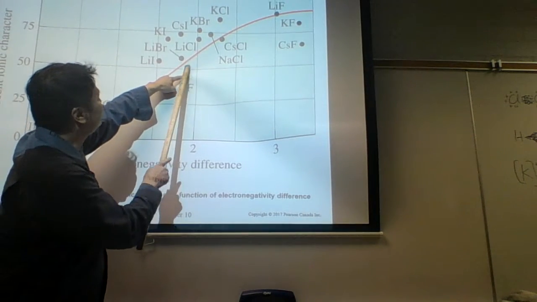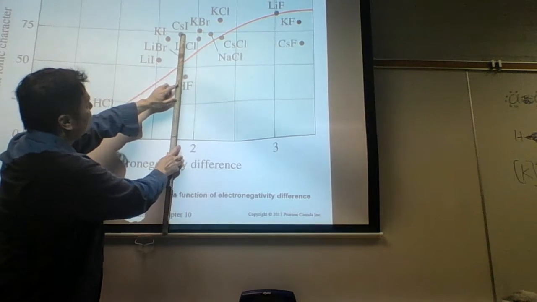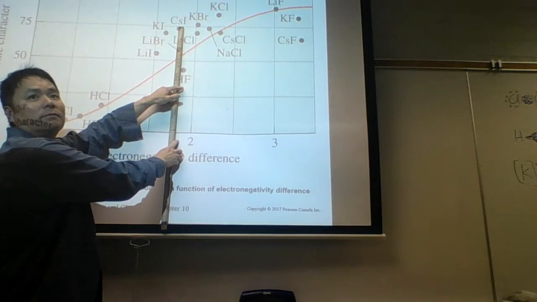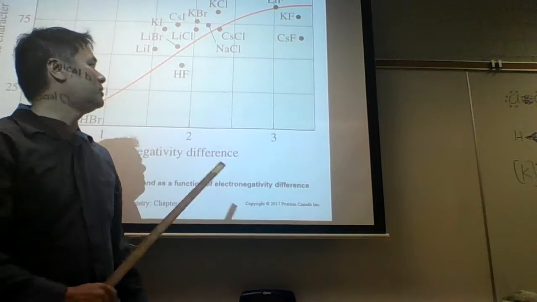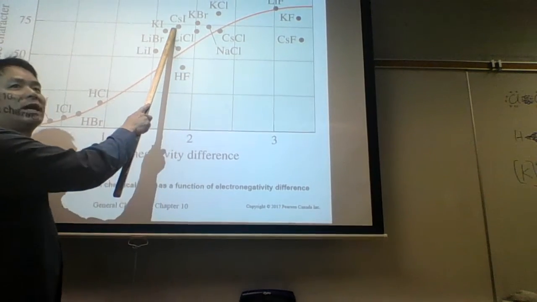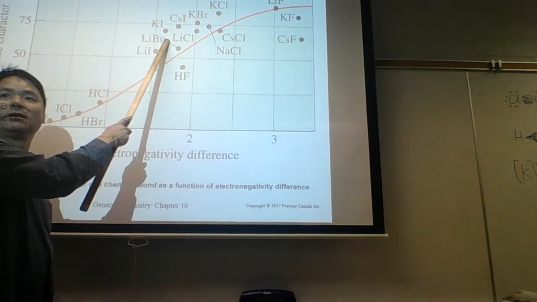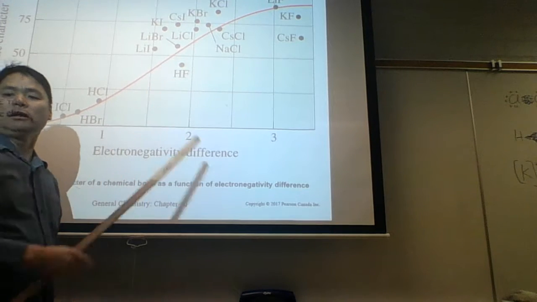However, cesium chloride has an electronegativity difference even smaller than HF's, and yet it's like 75% ionic. So at a difference of about 1.8, we have quite a big spread. It can be anywhere from like 40% ionic to 80% ionic. Do you see that? It's not a very tight correlation.